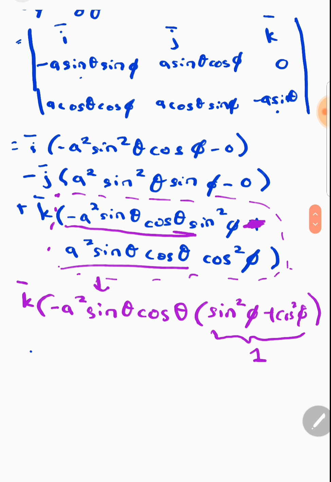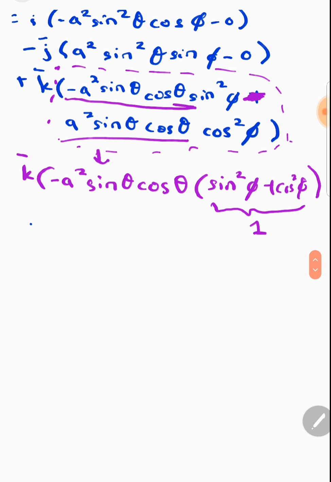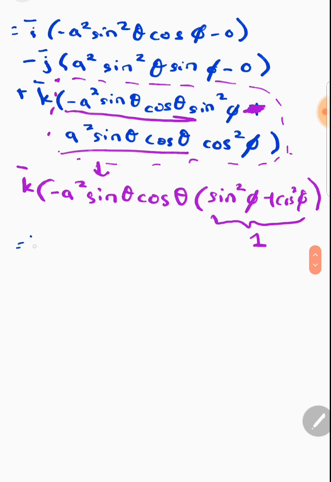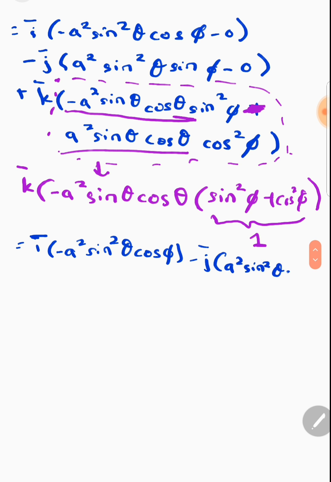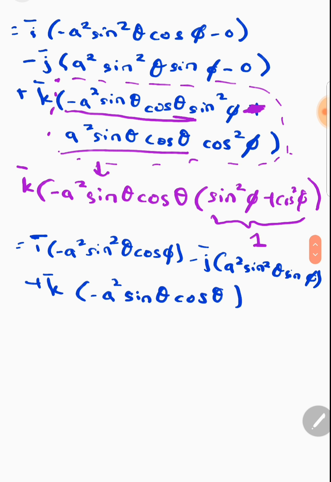Okay, so if I rewrite this again into its nice form, what do I get? I get i of negative a square sine square theta cos phi, minus j of a square sine square theta sine phi, plus k. I'm just rewriting this so that it becomes nicer.